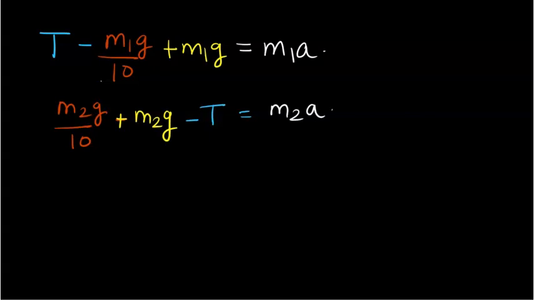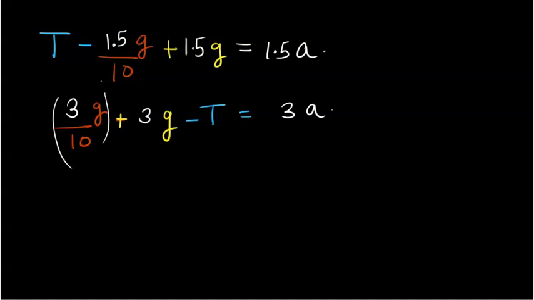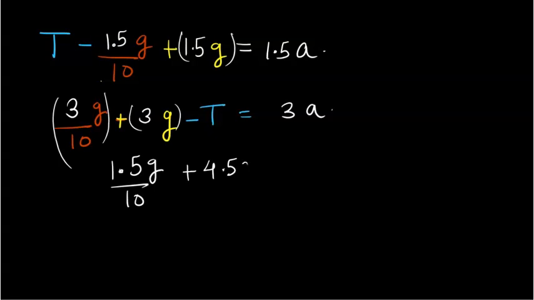Now if we substitute the values of masses m1 and m2, I will directly write here m2 is 3 and m1 is 1.5. If I add these two equations, I will get 3g by 10 minus 1.5g by 10, and here 1.5g plus 3g will be 4.5 times g.